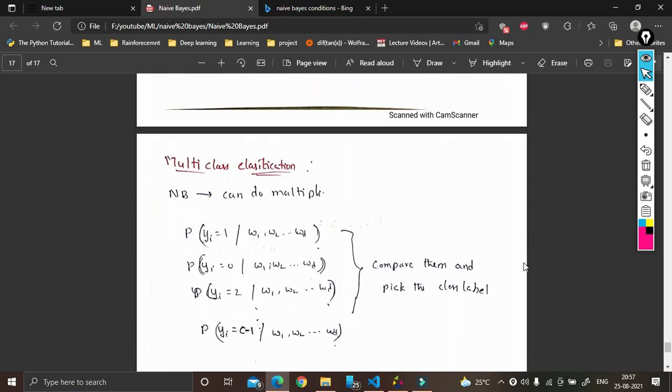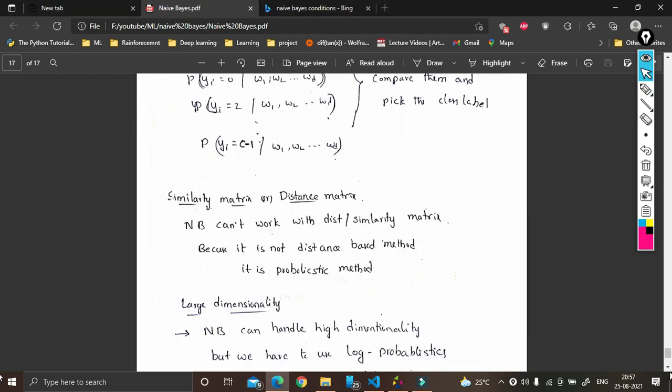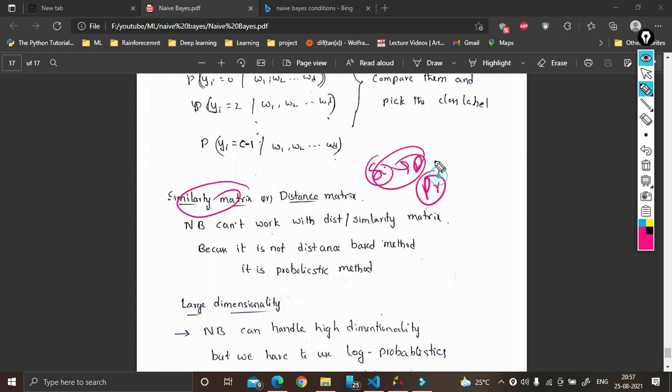Naive Bayes can easily be extended to multi-class classification, because we get the probability of all classes. Here we don't use a similarity matrix, because we are not using a distance method, we are using a probabilistic method.